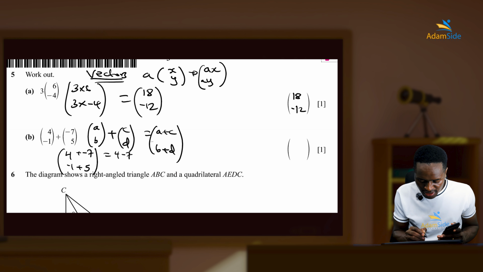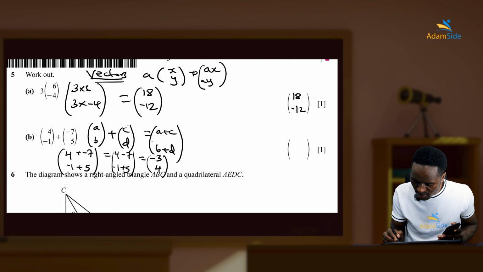The resultant is negative. And then negative 1 plus 5. So 4 minus 7 is minus 3. Negative 1 plus 5 is 4. Correct. So your answer will be negative 3, 4.